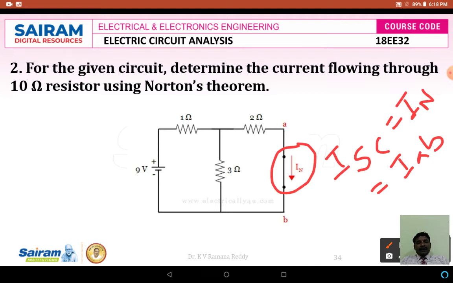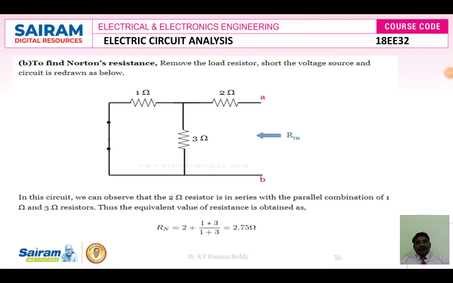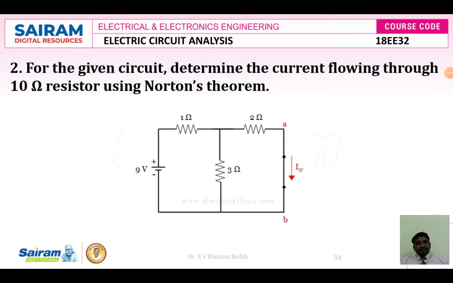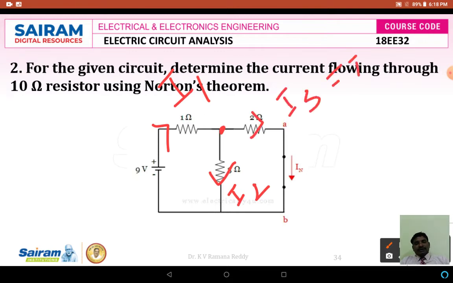To find this IN, ISC, IAB in this circuit, let us imagine the currents. The current driven by this 9 volts voltage source, let us assume it as I1, and I1 is divided into two currents, I2 and I3, and I3 is also called Norton's current IN.